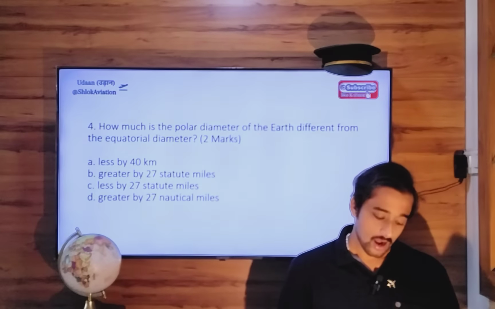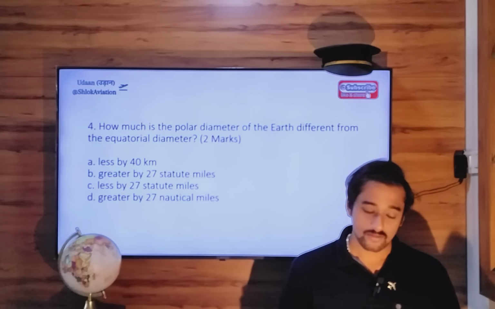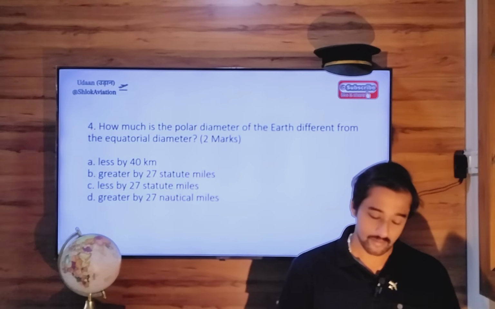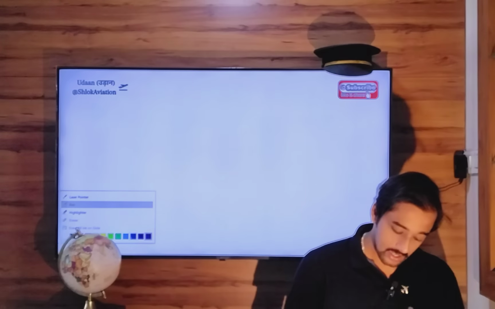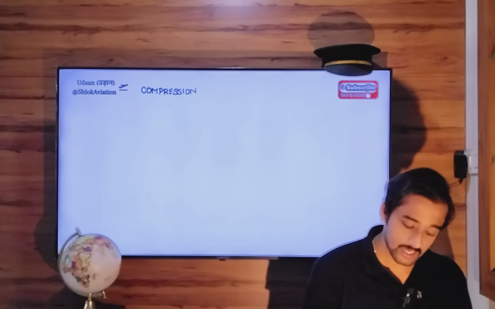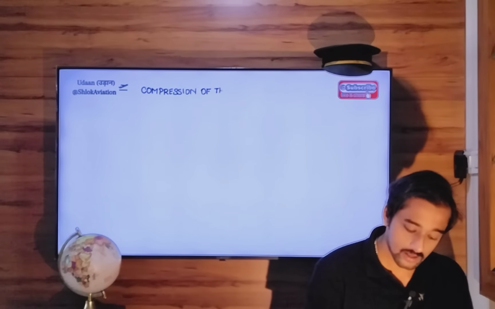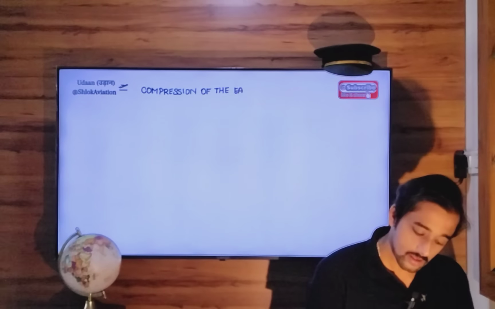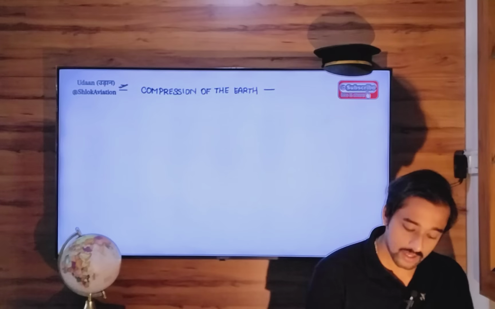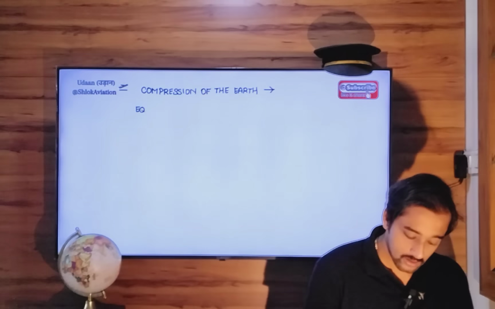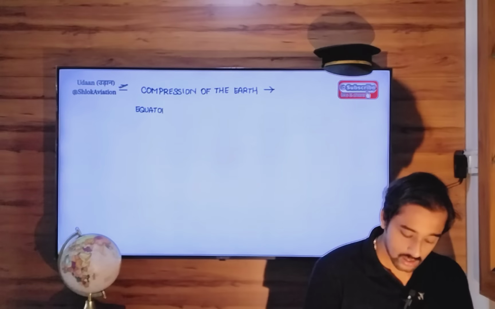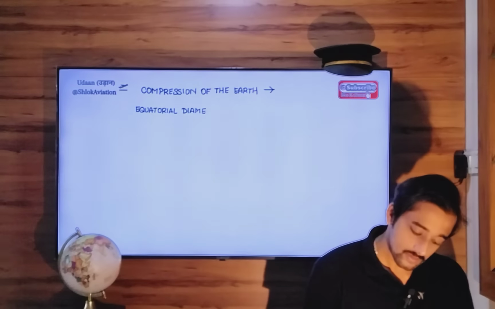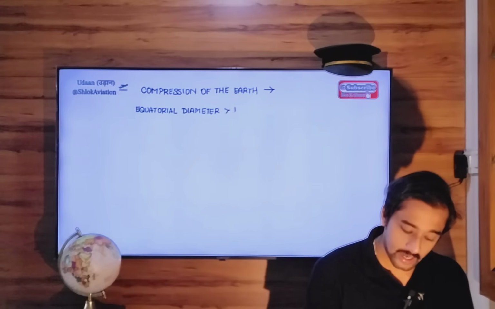Question number 4. How much is the polar diameter of the Earth different from the equatorial diameter? Again a factual question. We know that due to the compression of the Earth, the very first chapter of Oxford General, the equatorial diameter is more than the polar diameter.